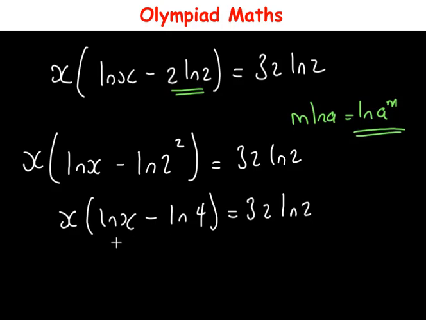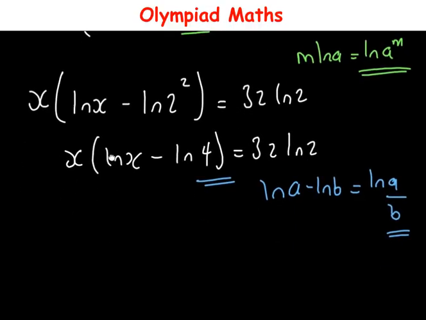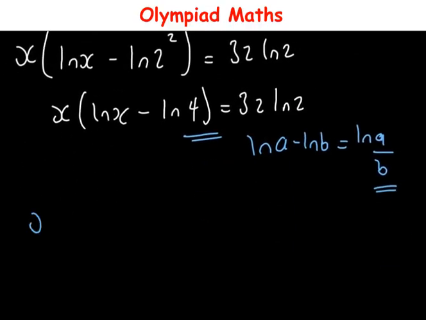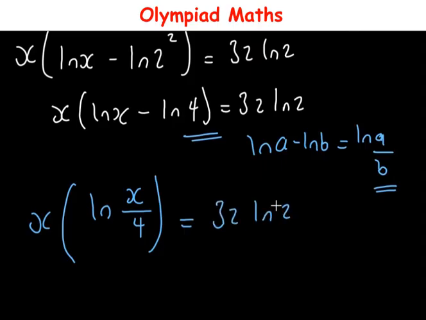With this, we are going to apply this rule of natural logarithm, that if you have ln a minus ln b, this equals ln a over b. So applying this right here, we have x times (ln x over 4), all of this is equal to 32 times ln 2.